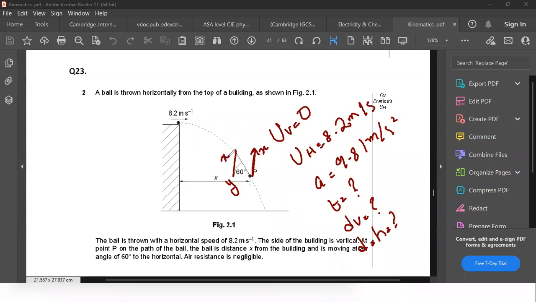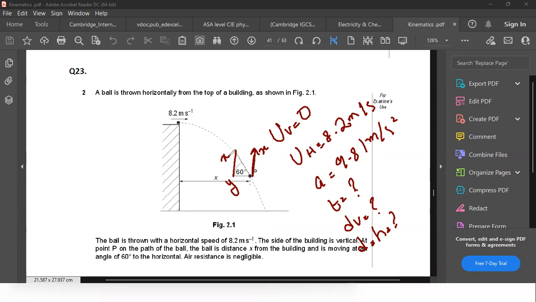No. Okay, tell me, what happens to the horizontal component of the velocity in a horizontal projectile? It remains constant, right?